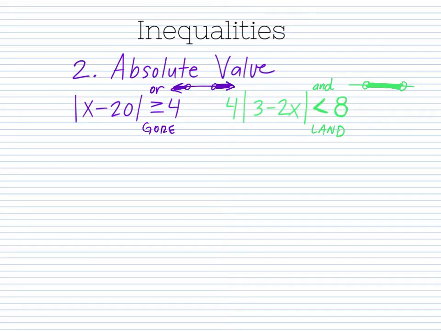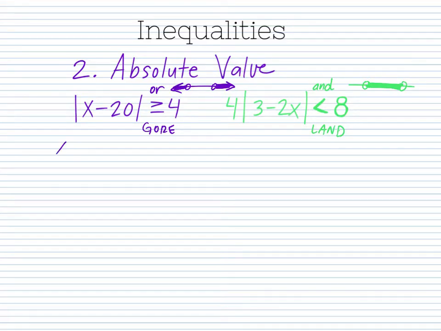If the absolute value of x minus 20 is greater than or equal to 4, a couple things could be happening. X minus 20 could be something like 4 or 5 or 6. That's greater than 4. Or it could be, on the other side, less than -4, -5, -6. So I think it's best just to split this into two parts with an or in between.